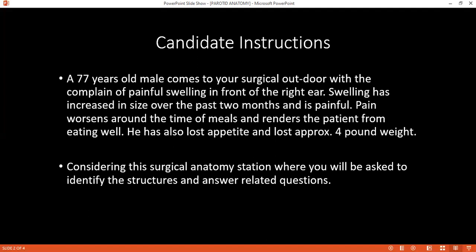All right. Can you also tell me what are the common conditions with which the parotid gland presents? It can be infective conditions such as parotitis or mumps, and inflammatory conditions causing swelling of the parotid glands such as Sjogren's syndrome.